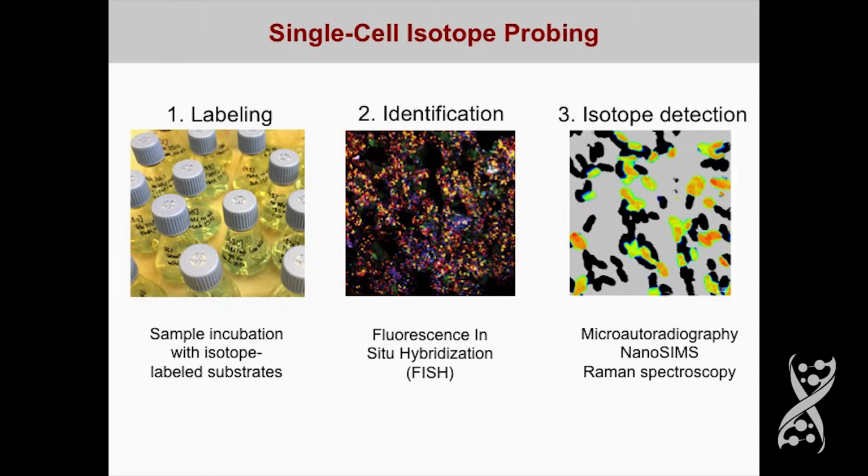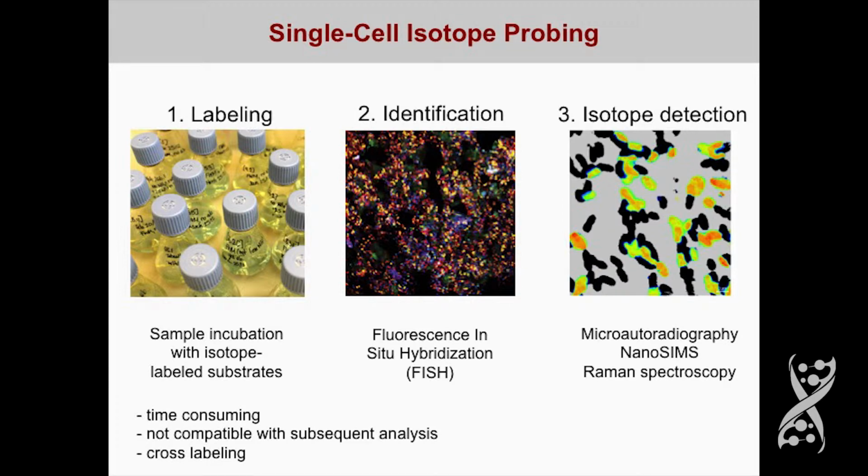We can label them easily with isotopes, and then go and identify them with FISH, for example, and then detect this isotopic label with different methods like micro-autoradiography, nanoscale secondary ion mass spectrometry, or Raman spectroscopy.